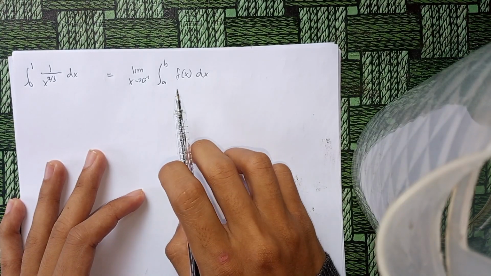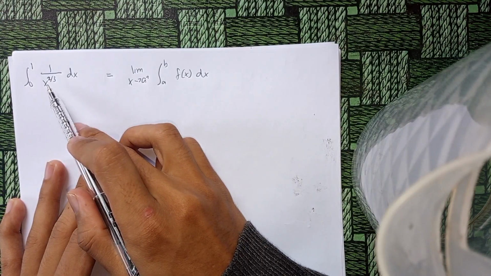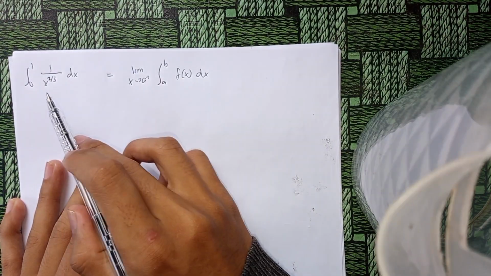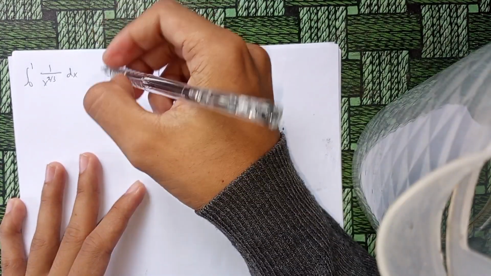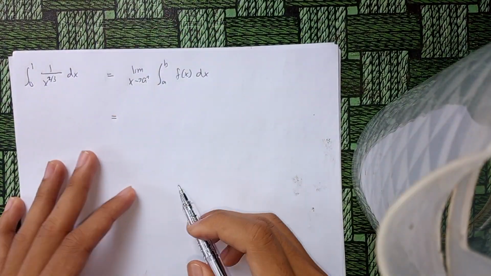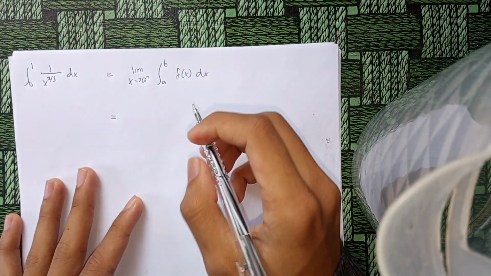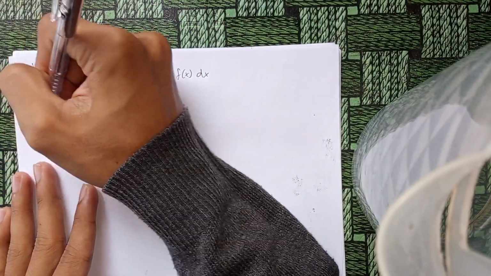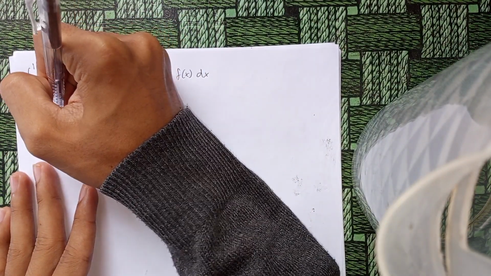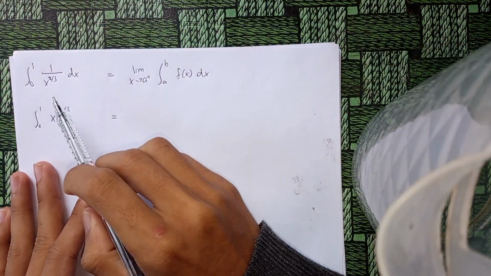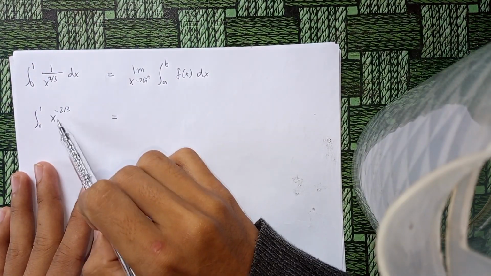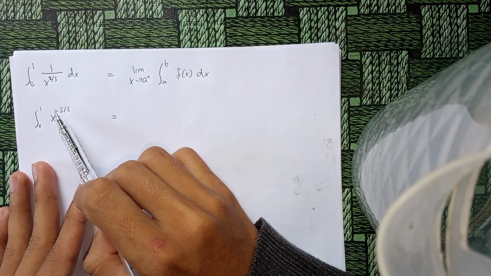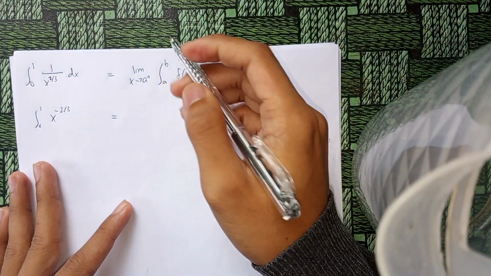So first things first, let us reciprocate this given problem. So this problem will become the limit of x to the power of negative 2 over 3. Since we reciprocate the problem, the exponent becomes negative.